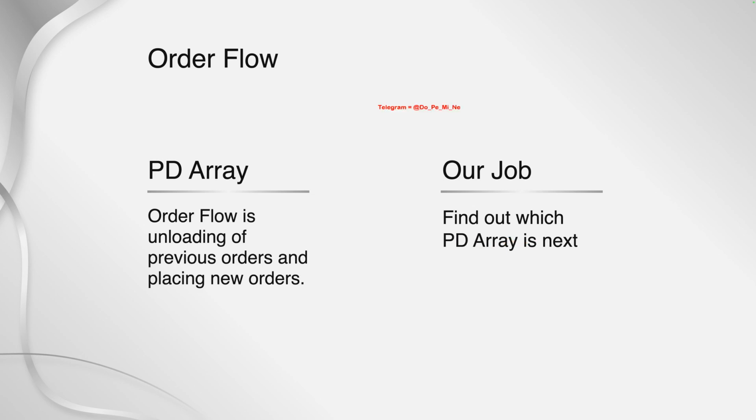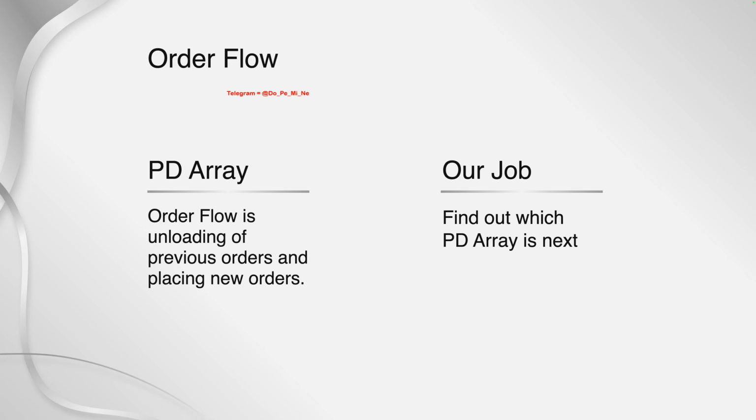That placing of new orders eventually leads to us being bullish, because we are unloading orders at premium arrays and placing new orders at discount arrays. What this exactly looks like in the chart is also what we're going to go over later. But that leads to a bullish trend, which then leads to order flow.